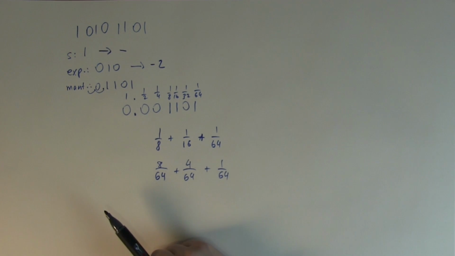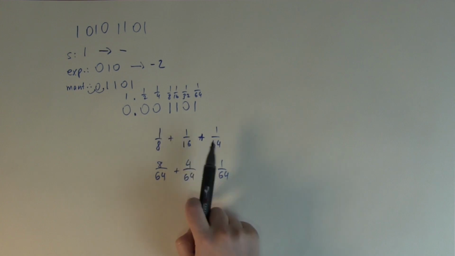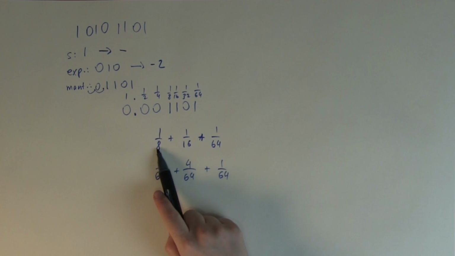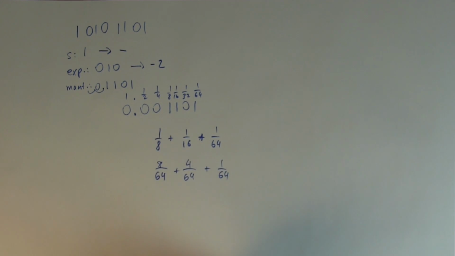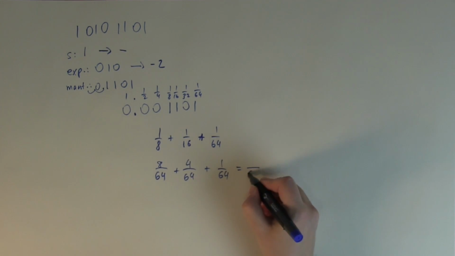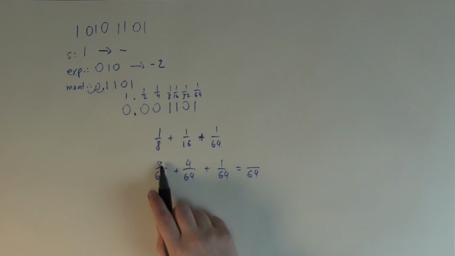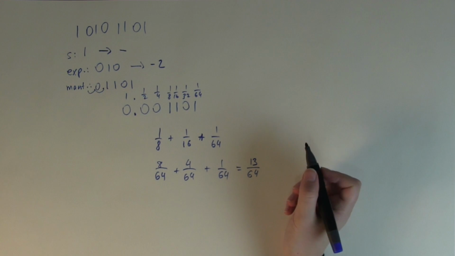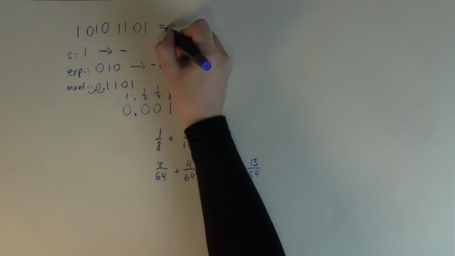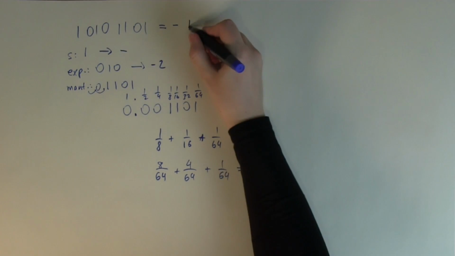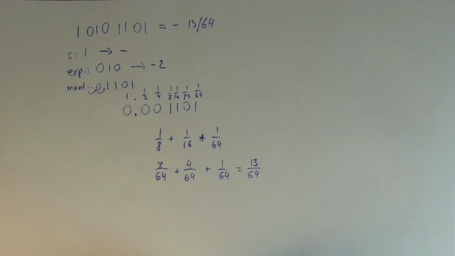Another way of thinking about it is how many times 16 goes into 64, which is 4, and how many times 8 goes into 64, which is 8 again. And now you can just add them together by not changing the denominator and adding the numerators together. So 8 plus 4 gives you 12, plus 1 gives you 13. So this floating point notation number is a negative 13 over 64.